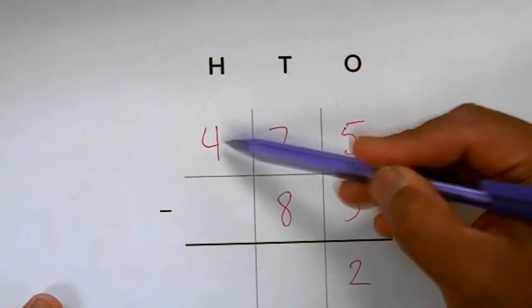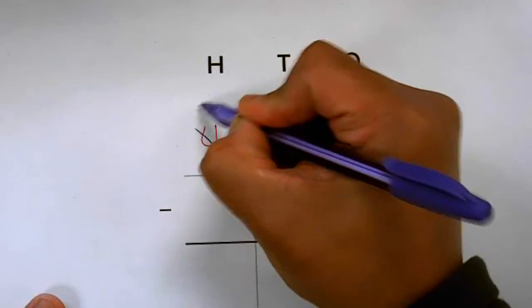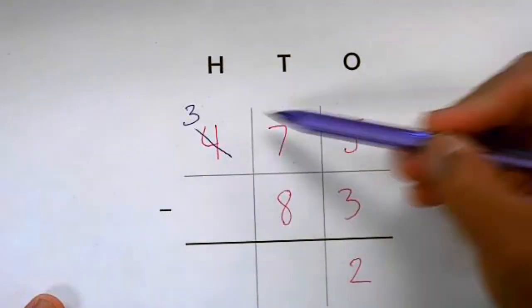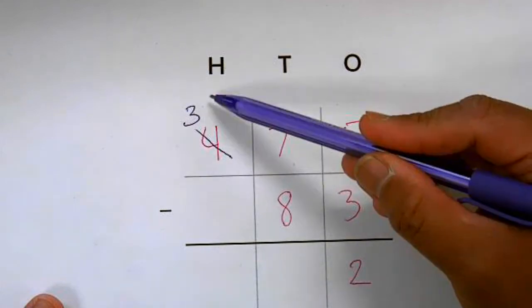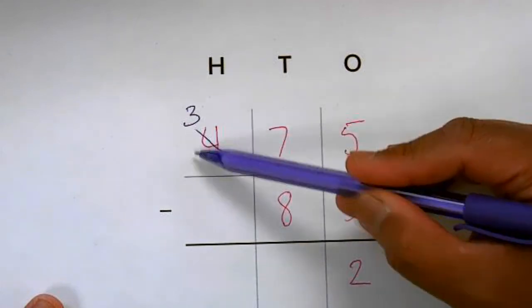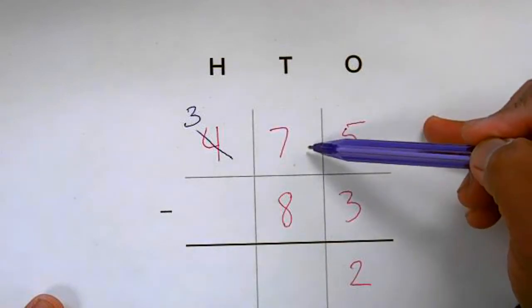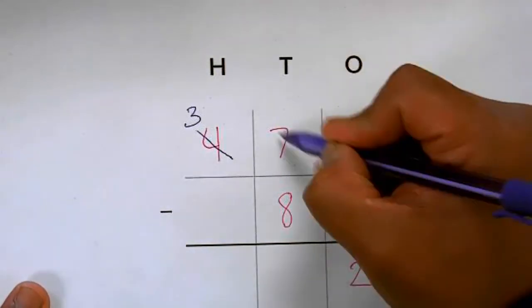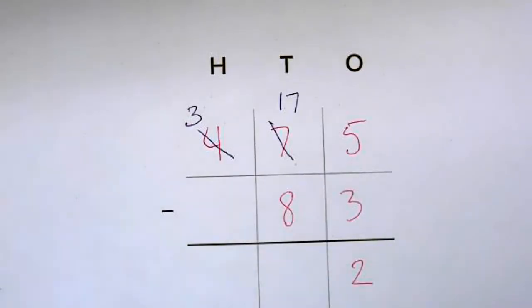Right now we have 4 hundreds here. We're going to take away one of the 100, make that a 3. And as you all know, there are 10 tens in 100. So we took out one of these hundreds, and I'm going to add that 10 to the 7 that is already here. 10 plus 7 is 17. So that's that breakdown.